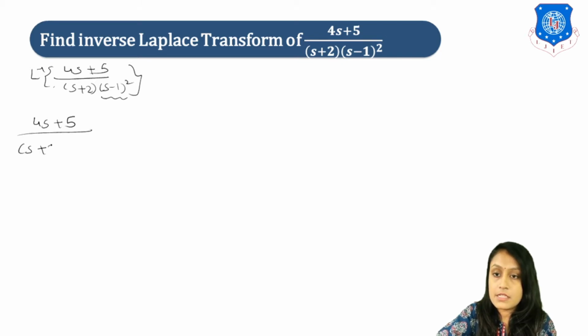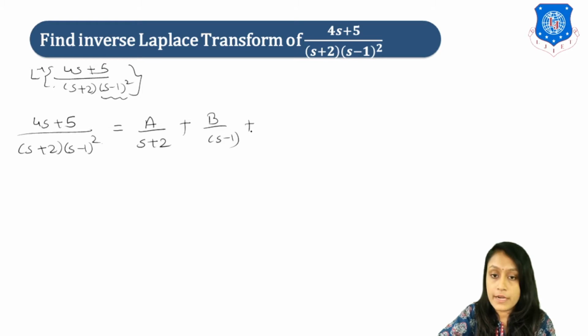Upon s plus 2 upon s minus 1 whole square. Now s plus 2 is a linear term and not repeating, so first we write A upon s plus 2. Now s minus 1 is repeating, so we write B upon s minus 1. Since we have a whole square, we go up to the whole square: C upon s minus 1 whole square.